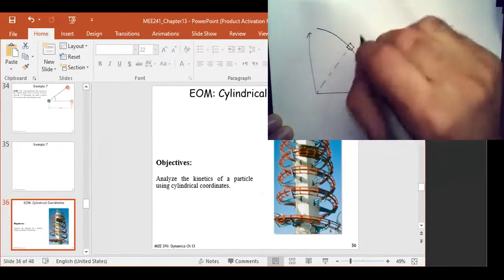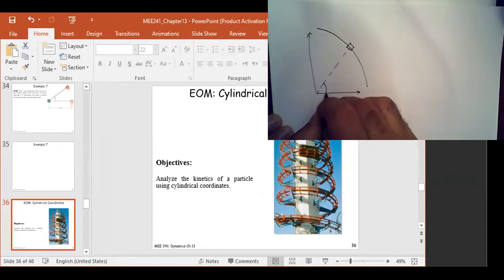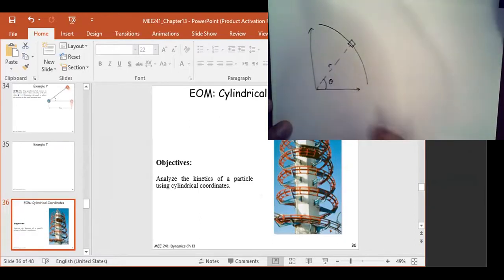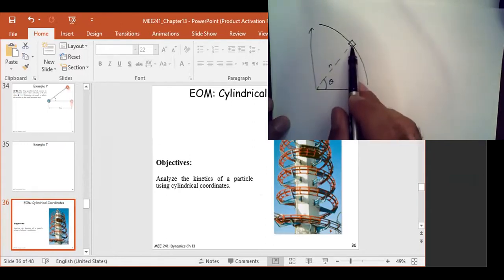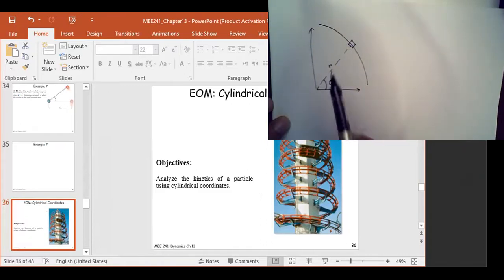So if this guy is my r and this guy is my theta, what do you think are the accelerations that this block will be subject to?